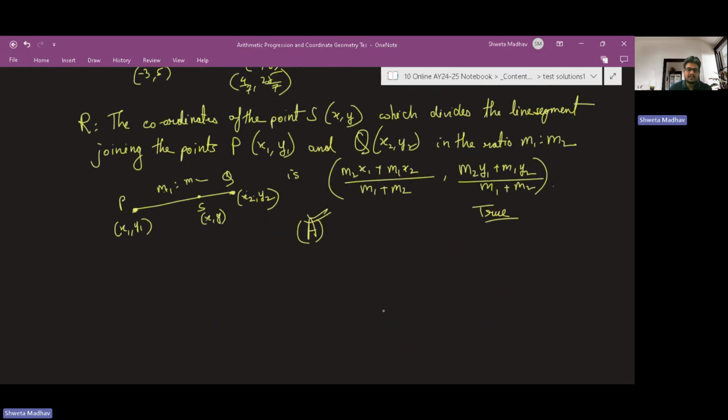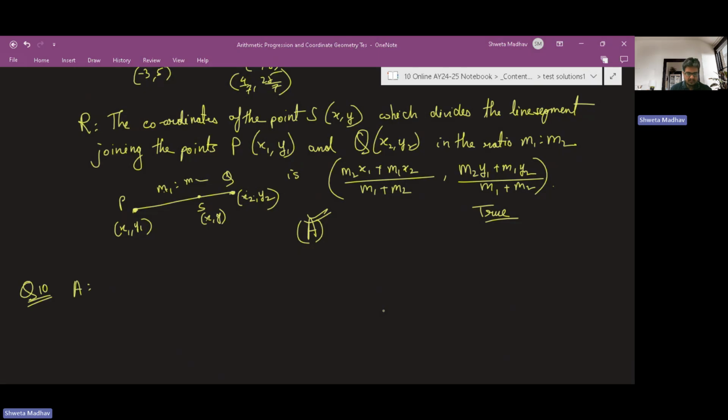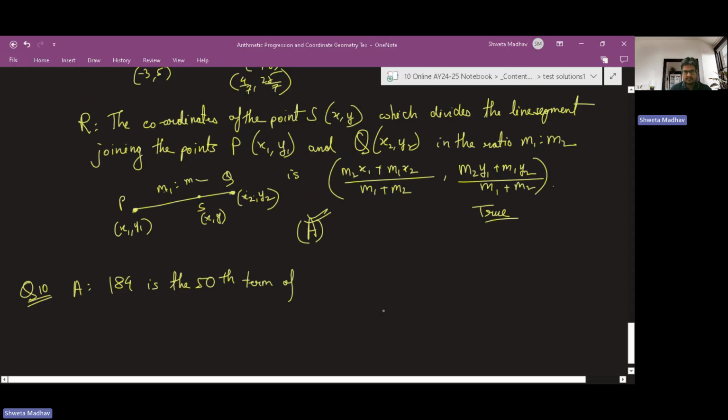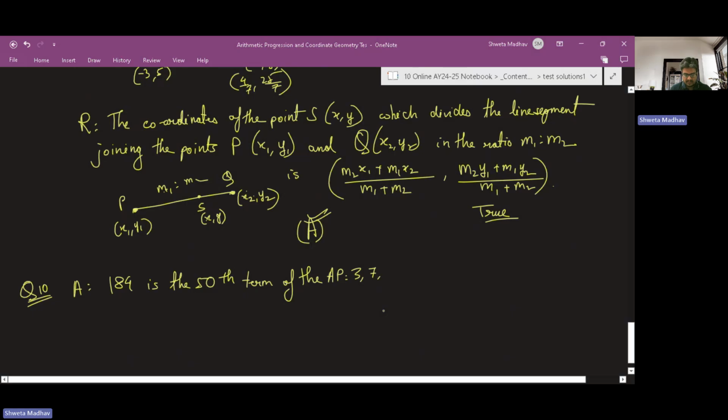Then question number 10. In question number 10, the assertion is given as: 184 is the 50th term of the AP 3, 7, 11, and so on.